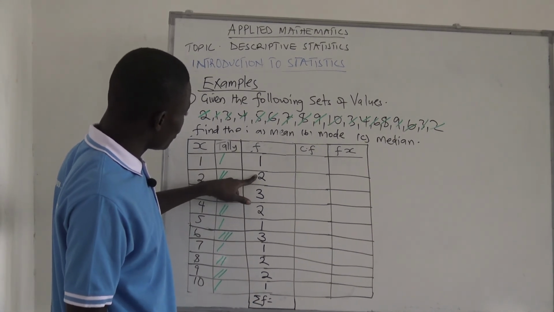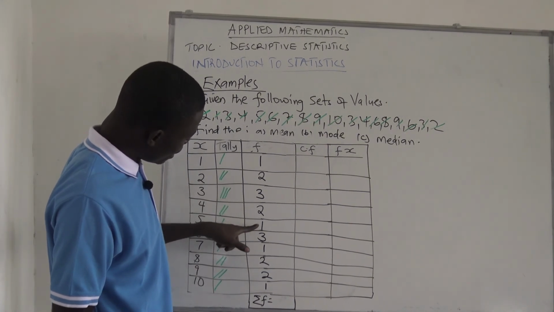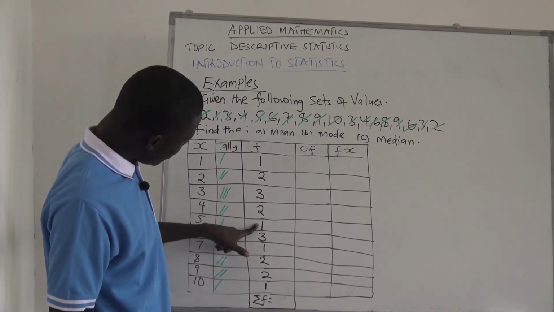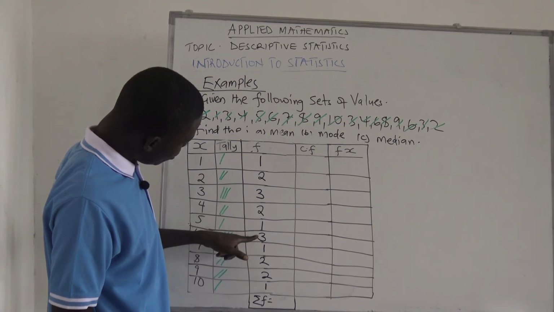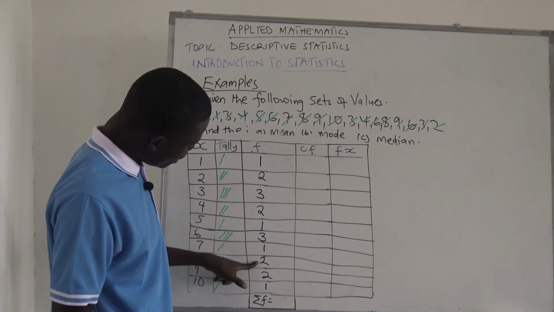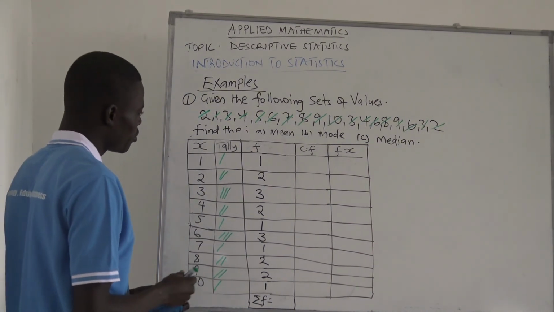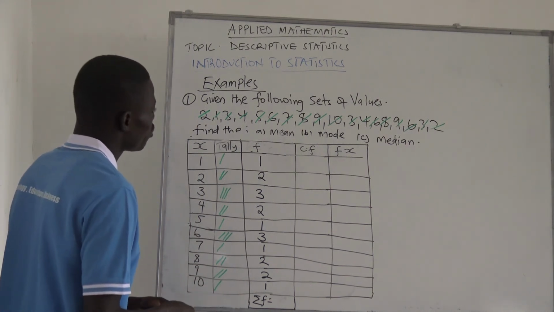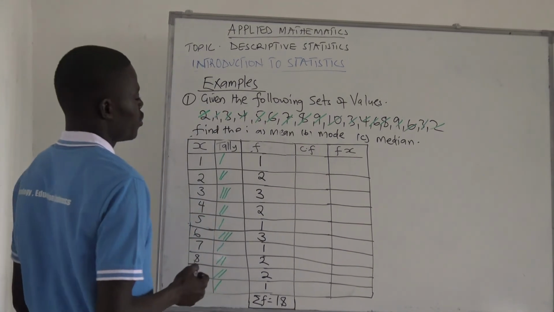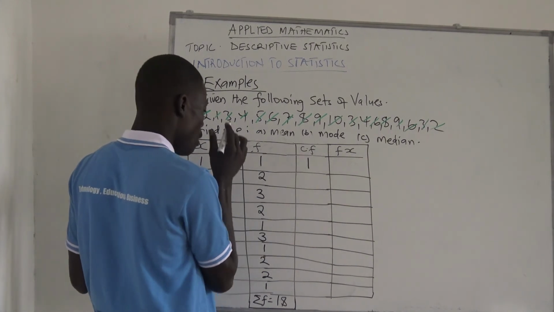Now the value is 18. The summation of frequency is 18.